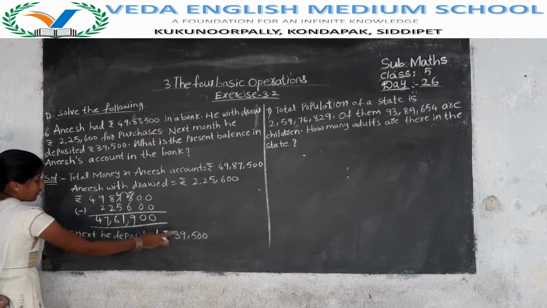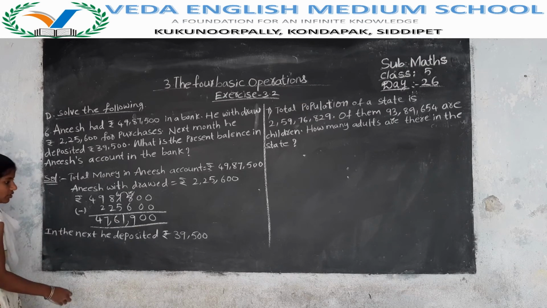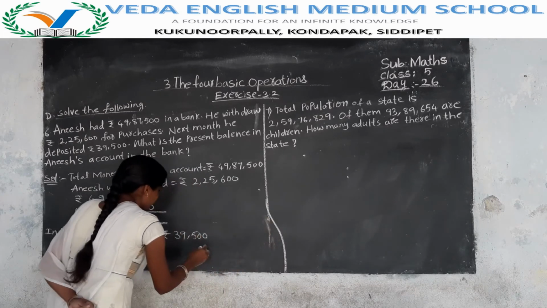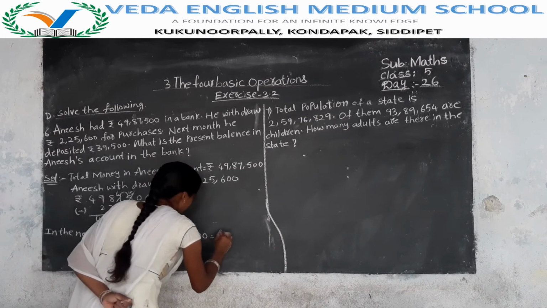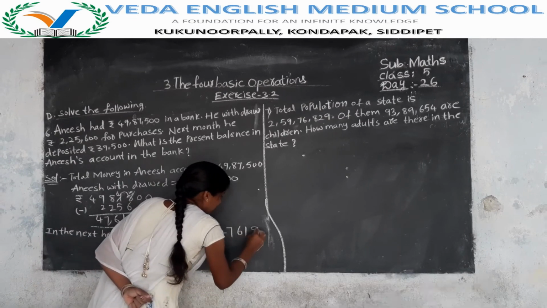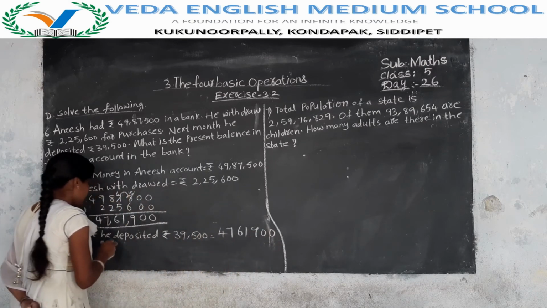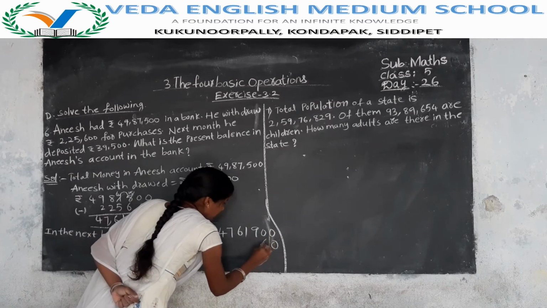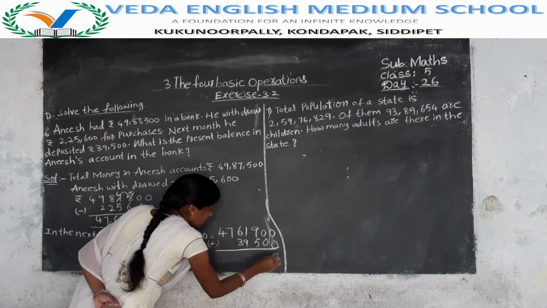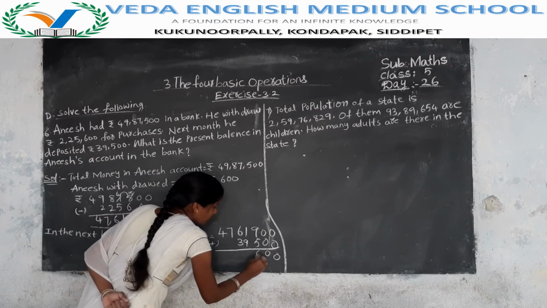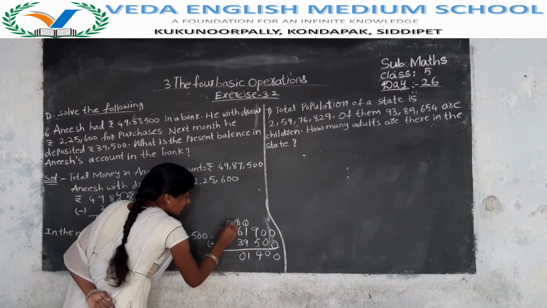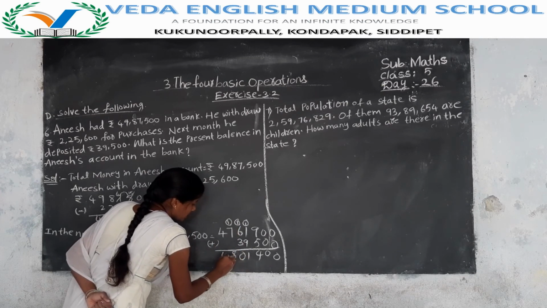If you add these two, you will get the total money in Anish's account. 47,61,900 plus 39,500. 0, 0, 9, 9 plus 5, 14. 9 plus 1, 10. 10 plus 1, 11. 6 plus 3, 9. 9 plus 1, 10. 7 plus 1, 8. 4 as it is.